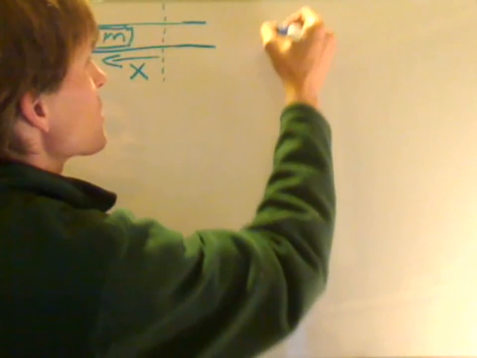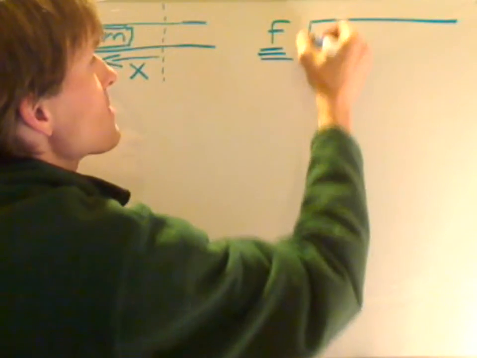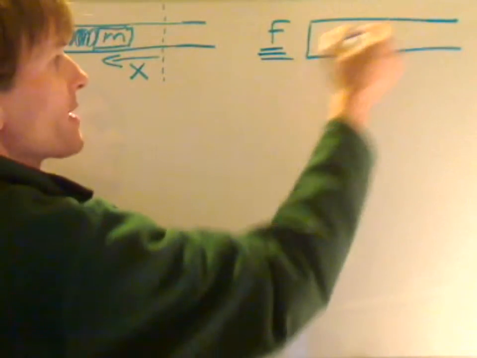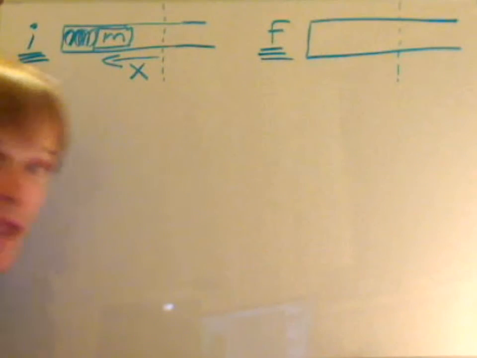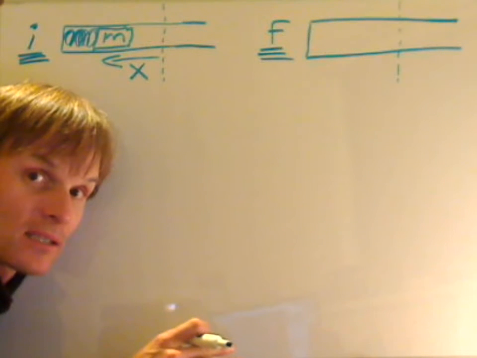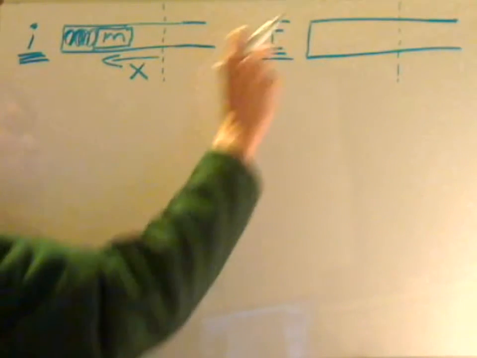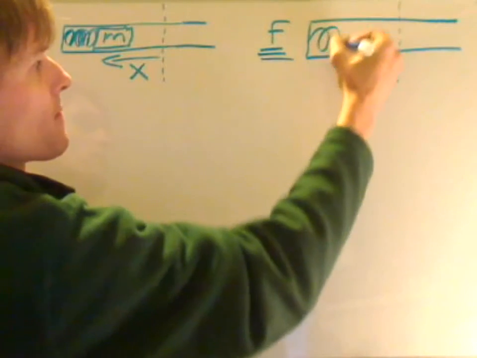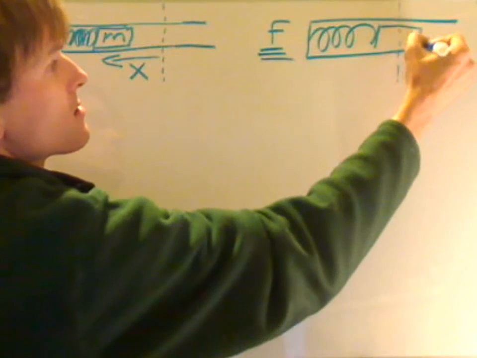Now the final situation, our gun now has this spring pushing the plunger. And we're told what the plunger's maximum speed is. The maximum speed of the plunger is going to be when that spring has pushed the plunger to equilibrium.